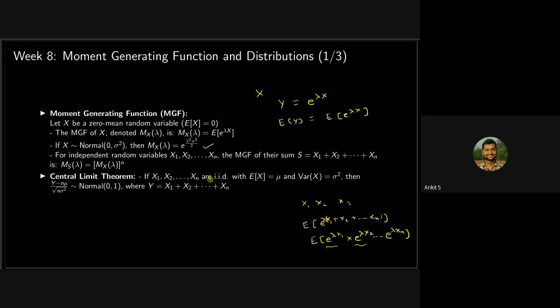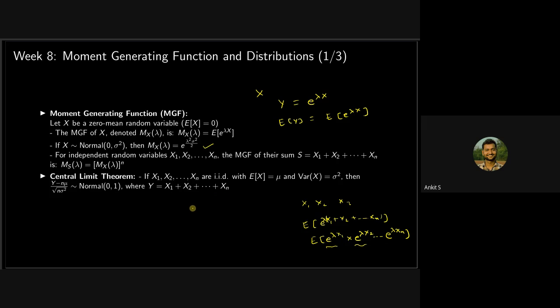What the central limit theorem says is that whenever you have random variables which are IID and you add a lot of them, then the sum roughly follows a normal distribution. Here we have simply standardized the random variable y, so it follows the standard normal distribution with mean 0 and variance 1. Y is just the summation of these.